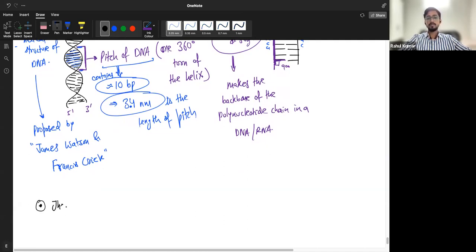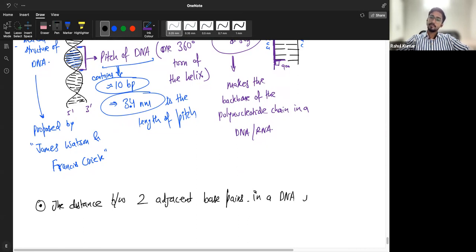Write down the distance between two adjacent base pairs in a DNA is 0.34 nanometer. Remember the unit, nanometer.